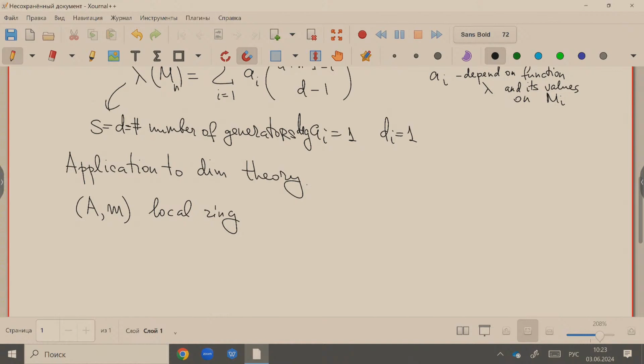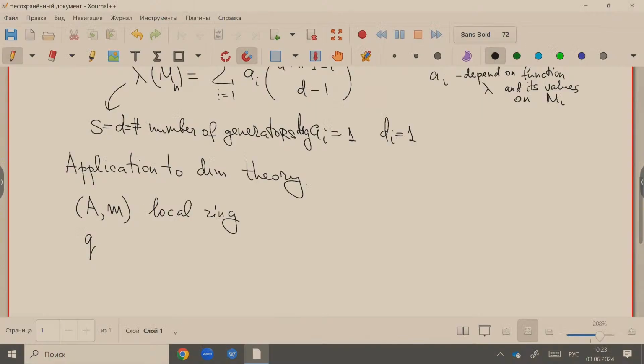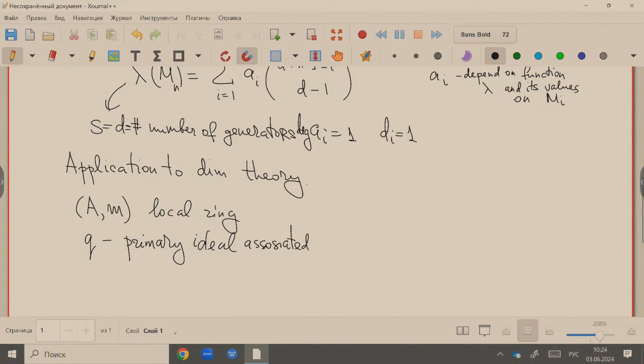Of course, on the local ring we have a natural filtration by powers of the maximal ideal, but we will generalize the notion of admissible filtrations. Suppose that Q is a primary ideal associated with M. What does it mean for us?